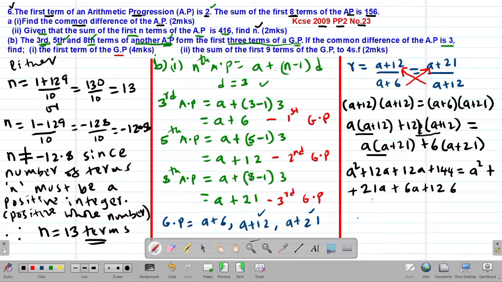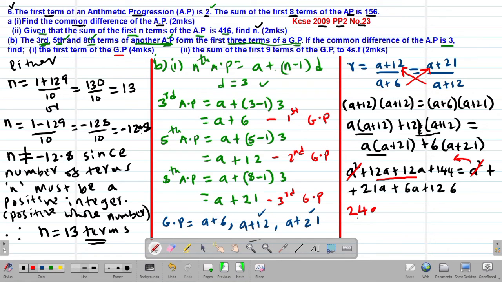So of course, there are terms which are going to cancel. That is A squared and A squared, because when A squared crosses the equal sign, it will become a minus. So we'll remain with, if I add these two, 12 plus 12, I'll get 24.